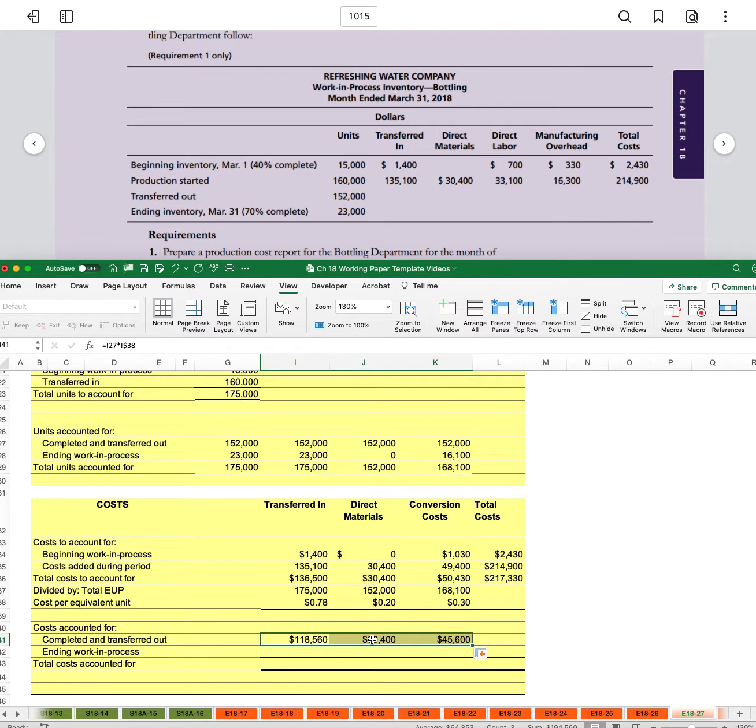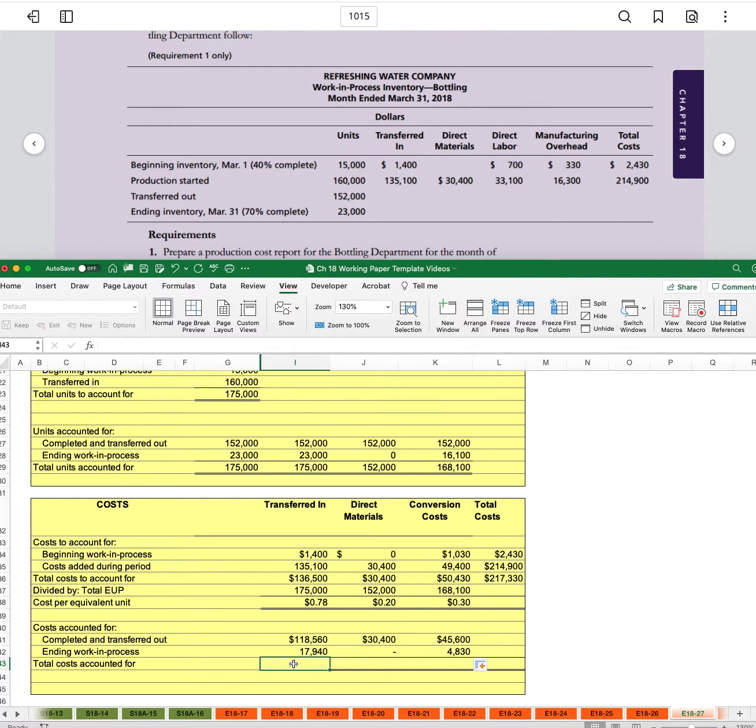And we see the number update for the completed and transferred out times materials equivalent unit, cost per equivalent unit. So for our ending WIP, we need to do our ending units times our cost per equivalent unit, and we'll do the same thing where we lock in only the row, not the column, so that we can pull that across.